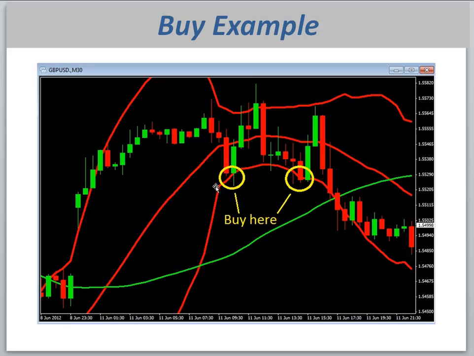So we have these two positions here. We're buying when it gets oversold, but it's still above the 50-period moving average. So we're trading the trend. The trend is moving higher, and we're buying on that trend when our Bollinger Bands tell us that it's oversold.